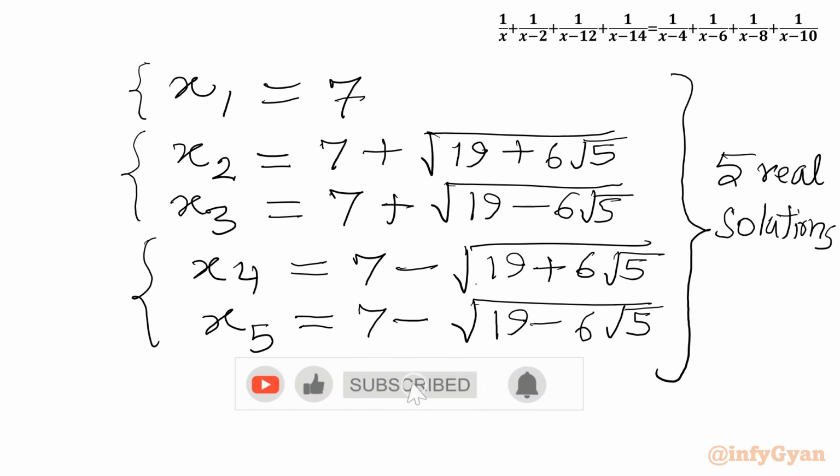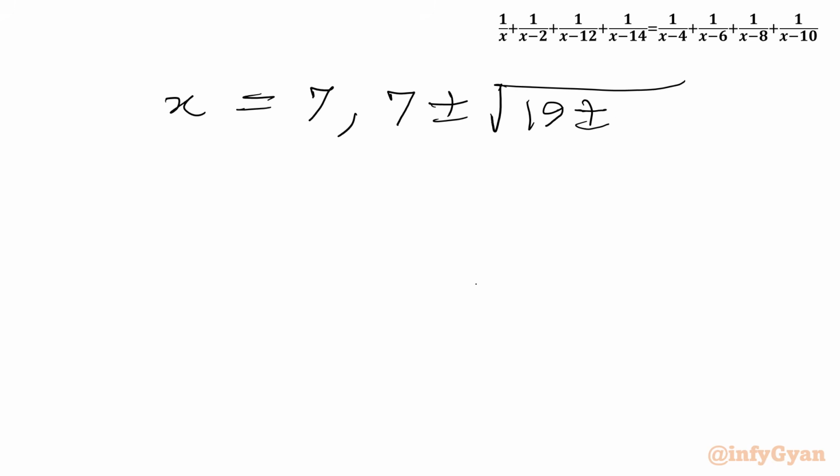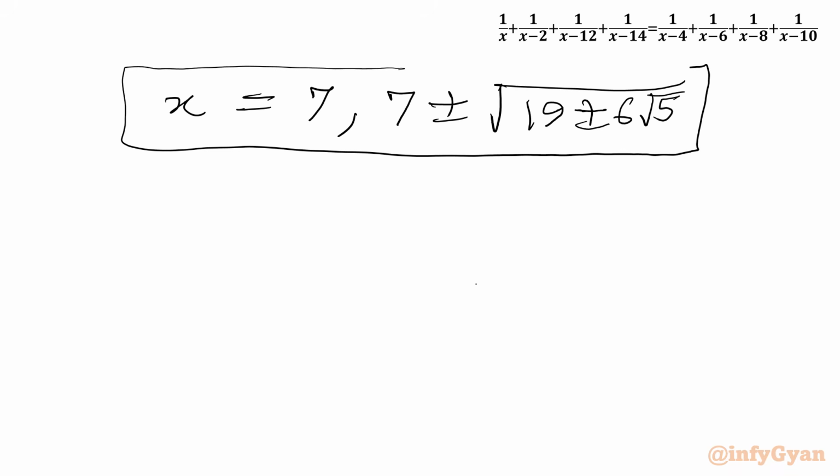Here we have x1, x2, x3, x4, x5, or we can write x equal to 7. Then we can write 7 plus minus square root of 19 plus minus 6 root 5. Overall 5 solutions.